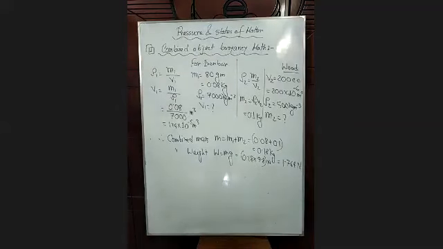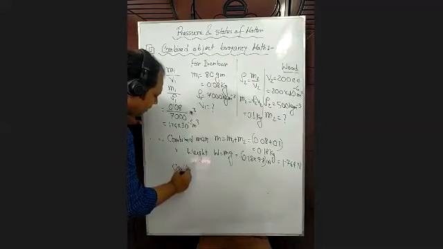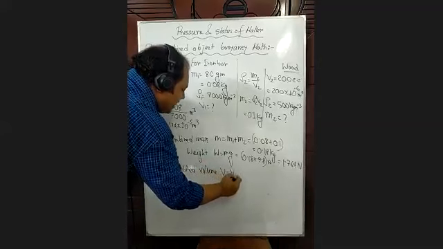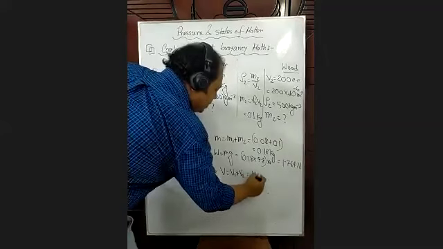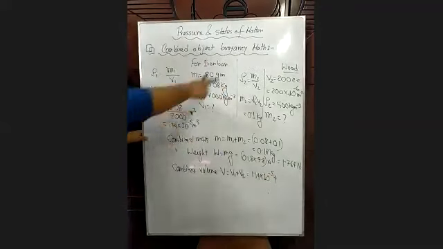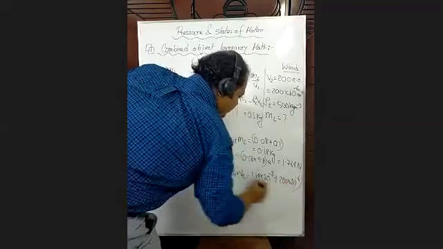Now, if we have the combined weight, we can go for the combined buoyancy also. How can we get the buoyancy? By combining the volumes. The combined volume is V1 plus V2. V1 is 1.14 into 10 to the power minus 5, and V2 is 200 into 10 to the power minus 6.